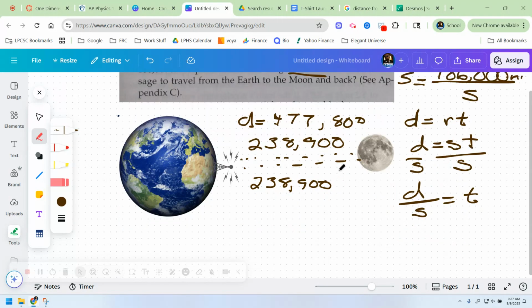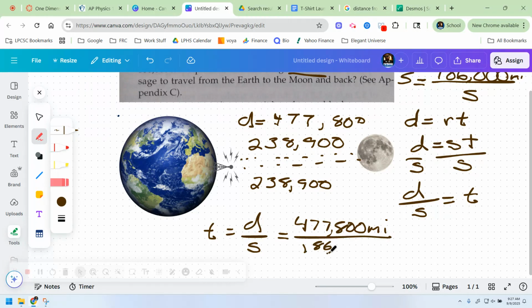To find the time, remember we said the time is equal to the total distance divided by the speed or rate. So that would be 477,800 miles, and it's important that we write the miles in there, divided by 186,000 miles per second.